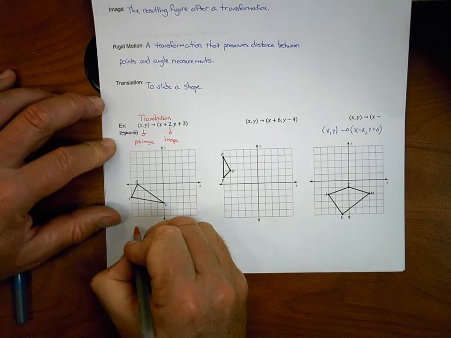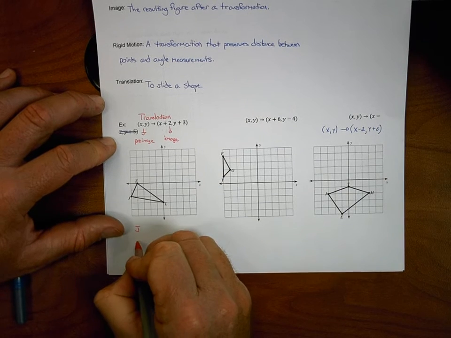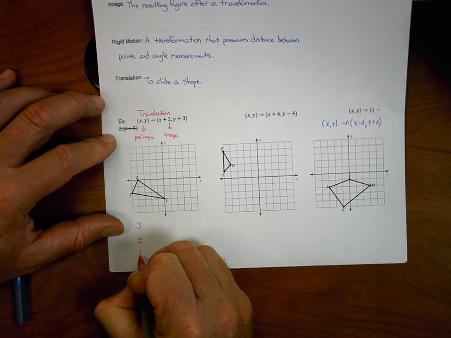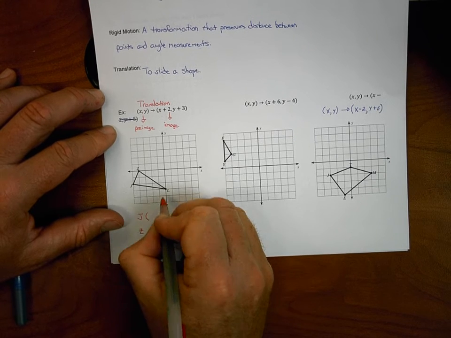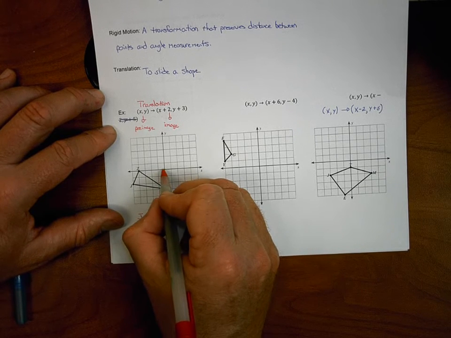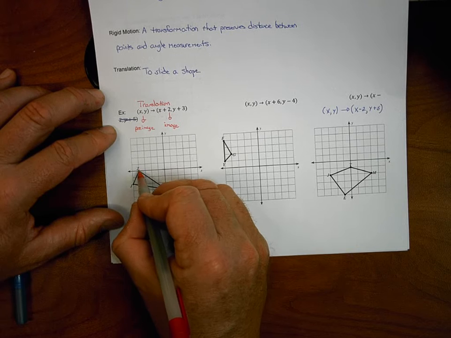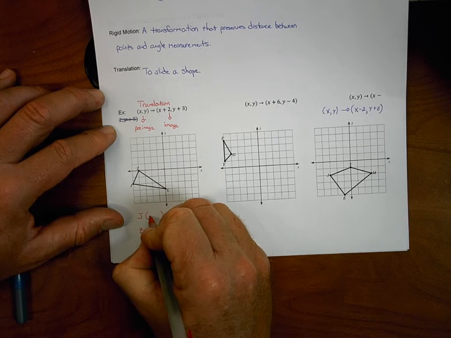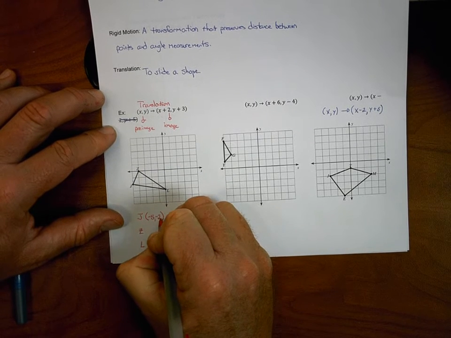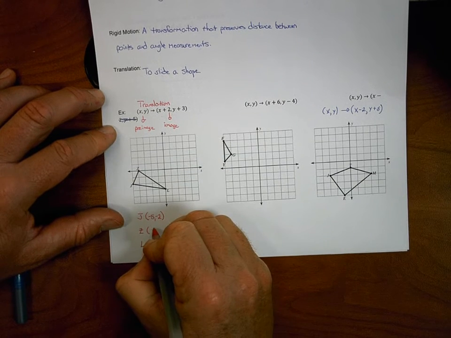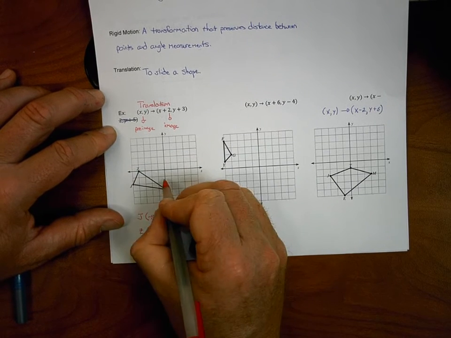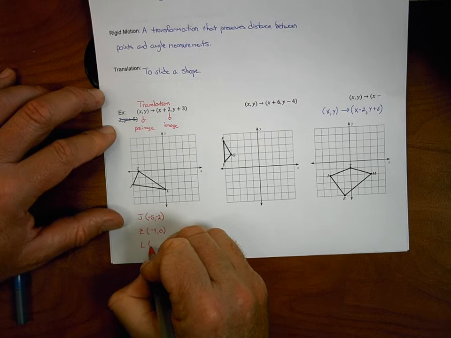So what we do is we take our point J, our point Z, and our point L, and we're going to mark what the coordinates are of J, Z, and L. So you can see J is 1, 2, 3, 4, negative 5, negative 2. J's coordinates are negative 5, negative 2. Z's coordinates are negative 4, 0. And L's coordinates are 0 and negative 3.